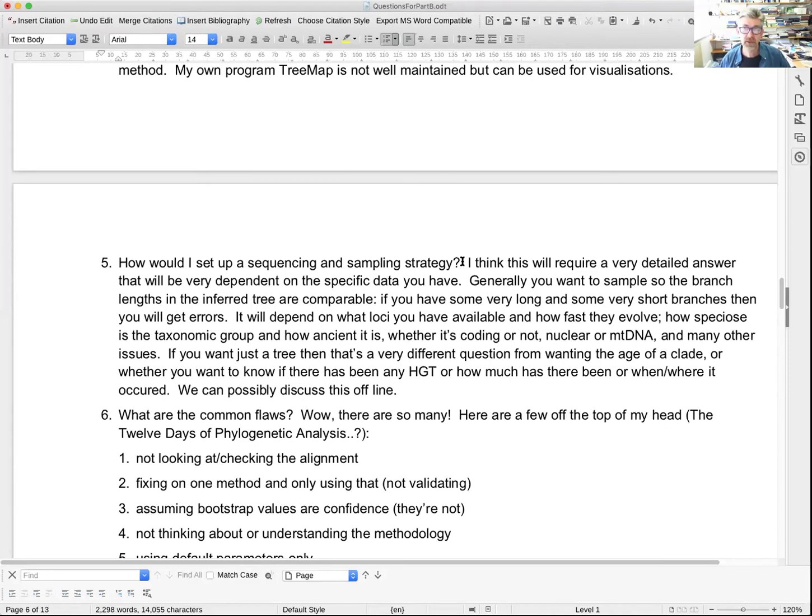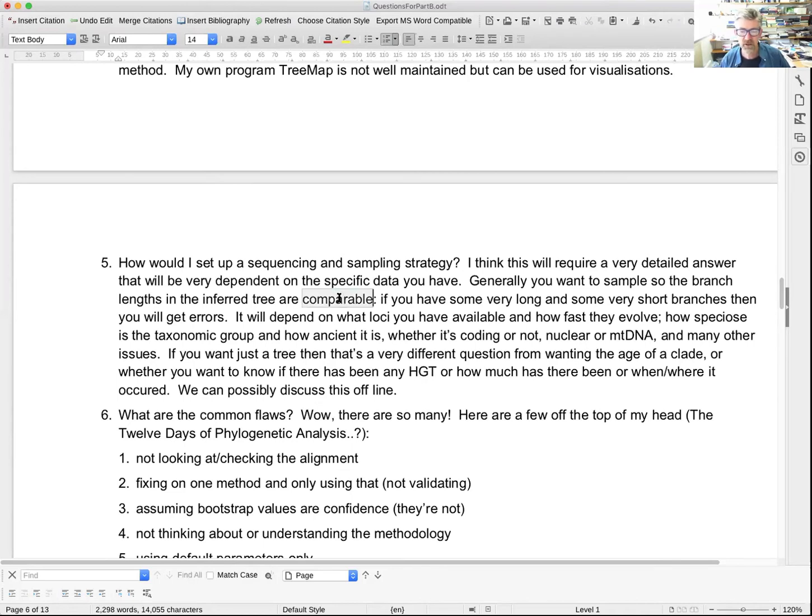It was either a Nature or a Science paper, and that was talking about the beneficial effect of adding taxa to phylogenetic analysis, so adding species or genes or strains, in order to make the branch lengths on the resulting tree comparable.